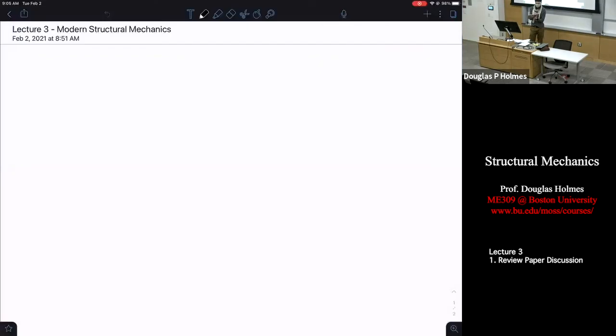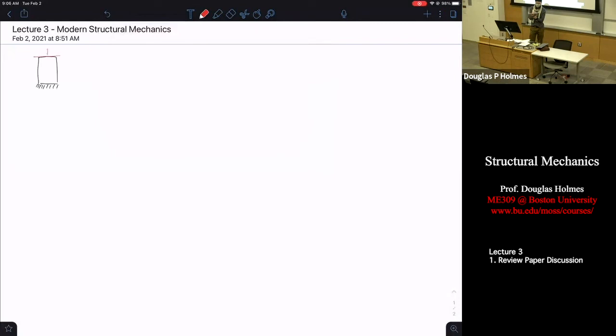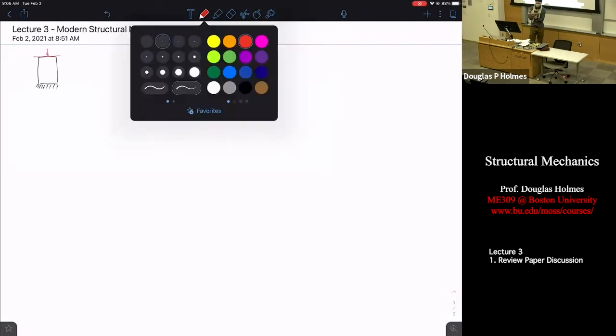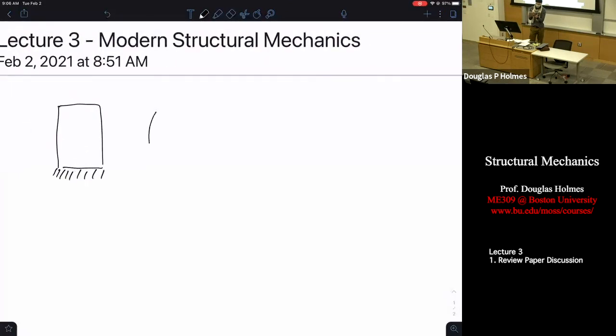So typical materials, if you push on them, they get squashed. Under some load, a typical material will do this.